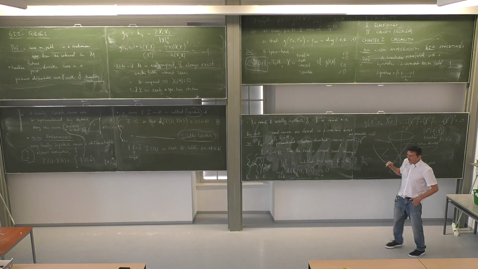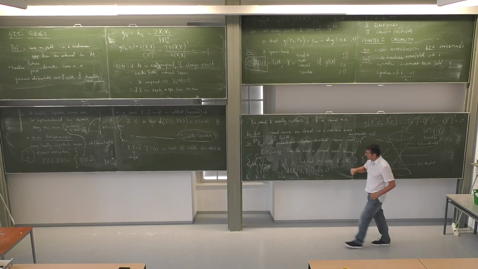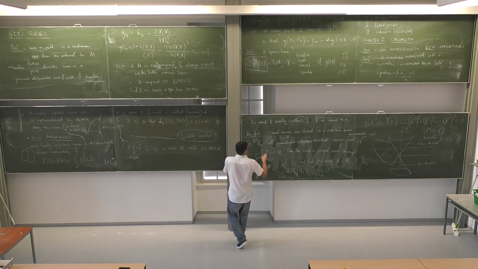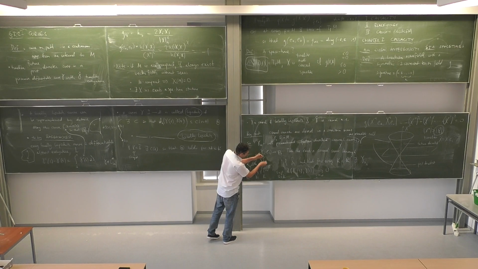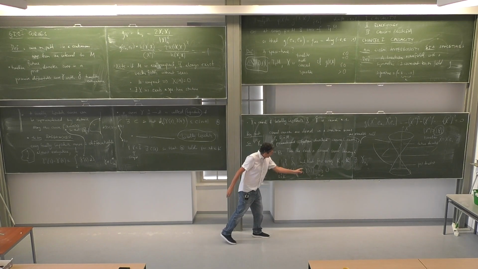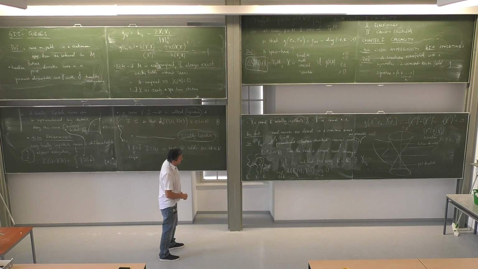That's the fancy word here. In other words, they're all defined for all parameters in R, but if you just take from, say, minus 2000 to 2000, you can find a subsequence that converges in C0 to this curve.